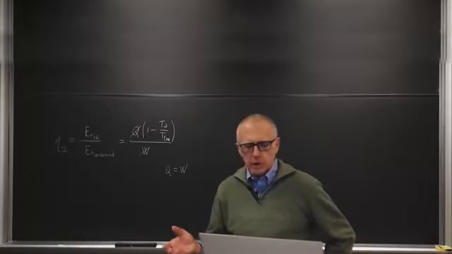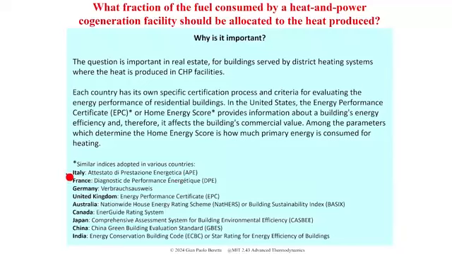Now, almost all countries have them, and I listed here the names of these regulations in various countries. See, it goes from Europe, almost anywhere, including, of course, the US. Energy performance certificate of a building or energy score, home energy score.